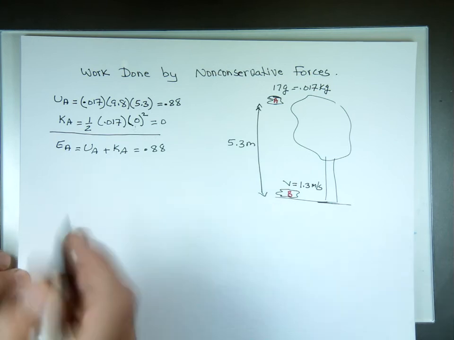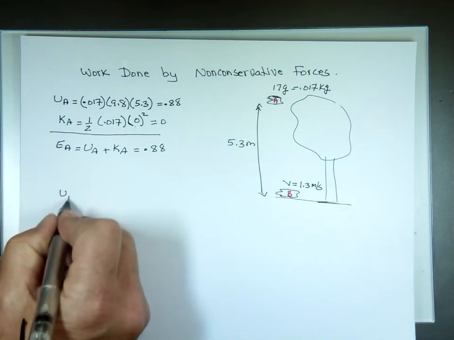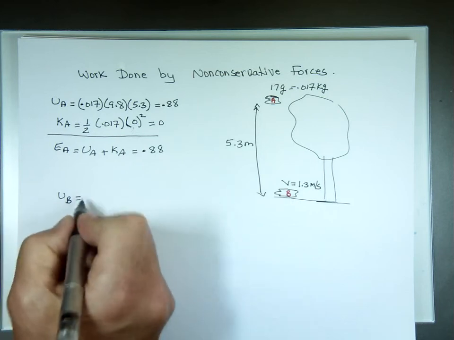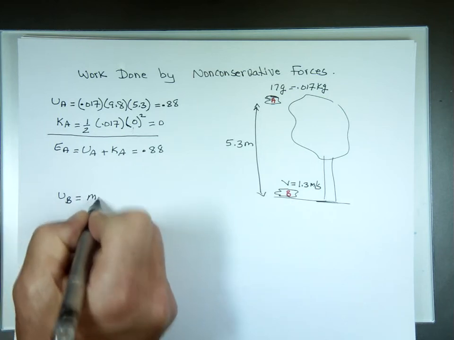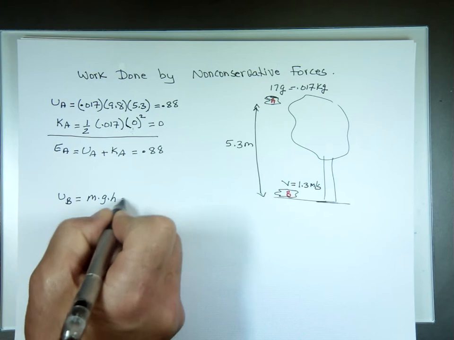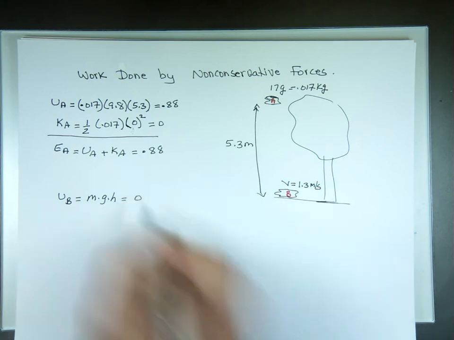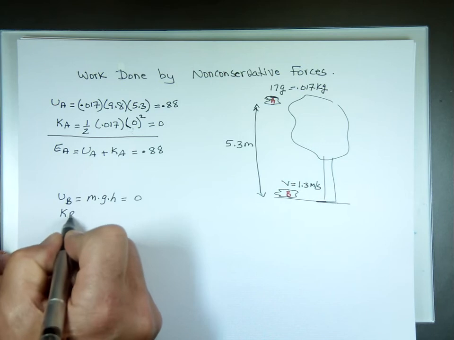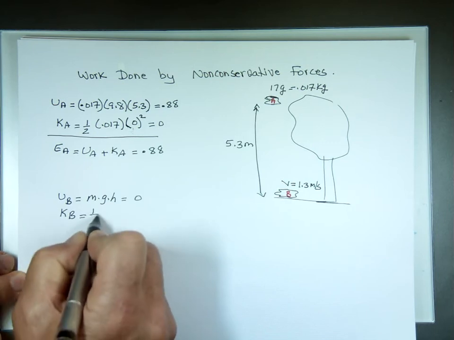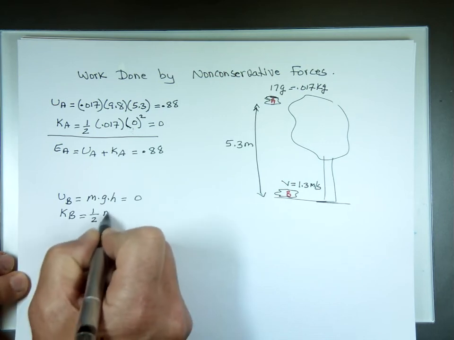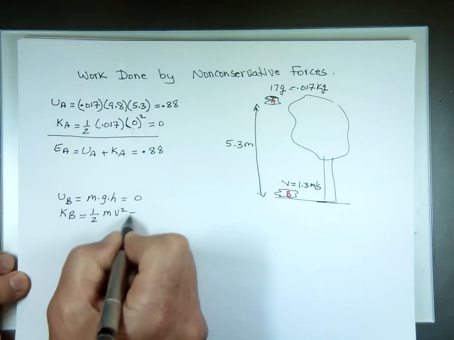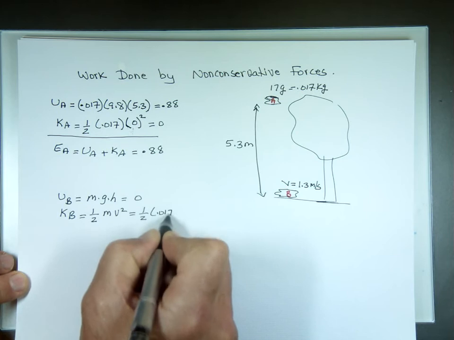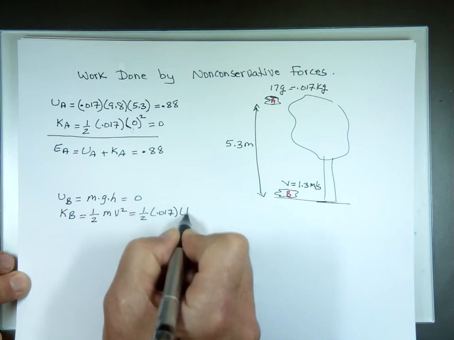So let's look at point B. What is the potential energy at B? That's your final. It's mass times gravity times height. What was my height there? That's 0. And my kinetic energy at B is what? 1/2 the mass times the velocity squared, and the velocity is 1.3 squared.